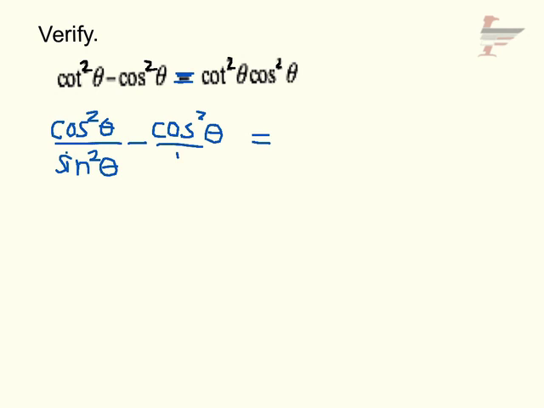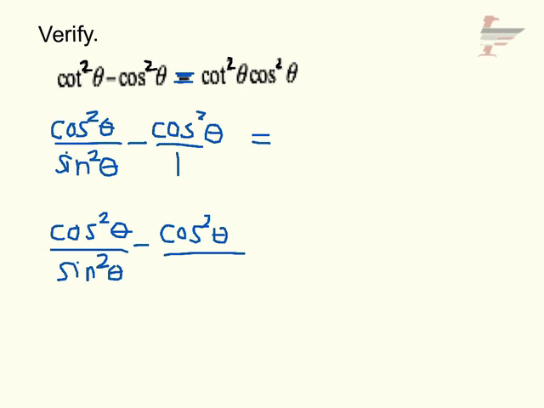And I'm going to stick this over 1 and then tell myself I probably could do the common denominator route. So obviously the common denominator would be sine squared. So cosine squared over sine squared is good to go, minus cosine squared needs a sine squared, so I'm going to multiply the numerator times sine squared also.